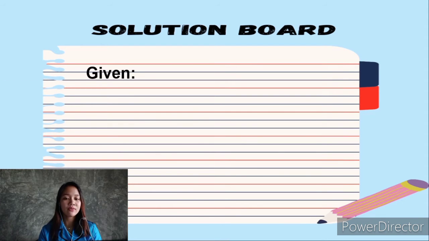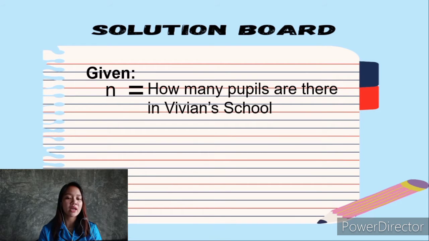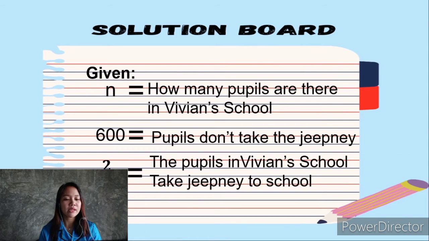So, the given are n is equal to how many pupils are there in Vivian's school? 600. Yun yung pupils that don't take the jeepney. 2/7 is the pupils in Vivian's school that take jeepney to school.